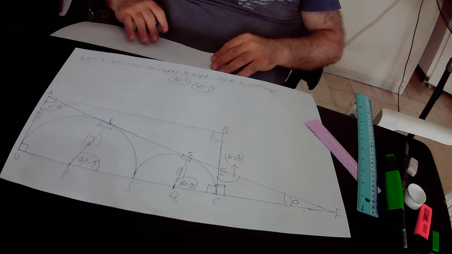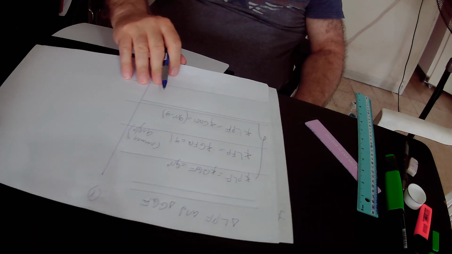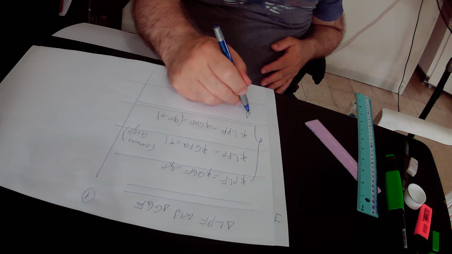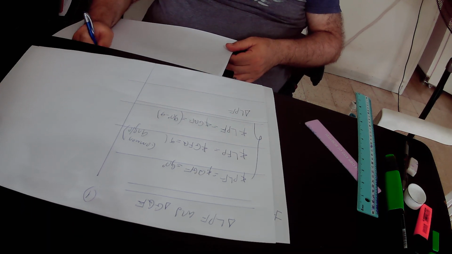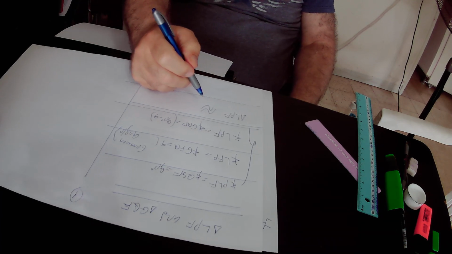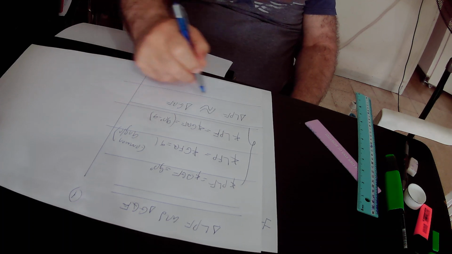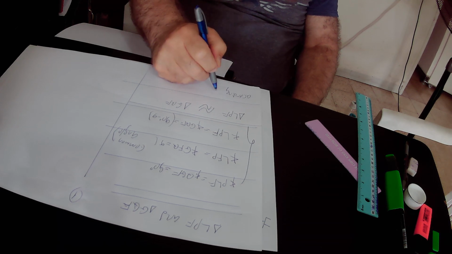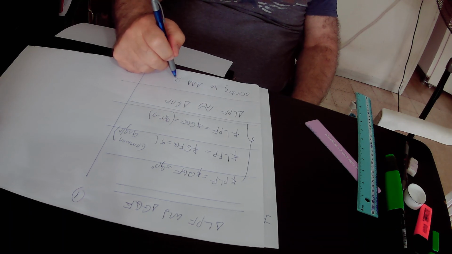Therefore, those two right triangles are similar to each other according to the angle similarity rule. So I write it down. We found out that the big right triangle LPF is similar, this is the sign of similar, to the small right triangle GQF according to the angle similarity rule.